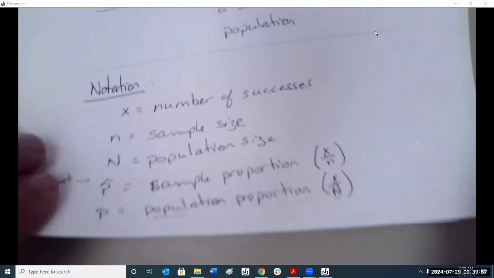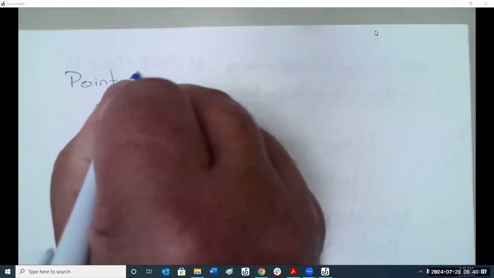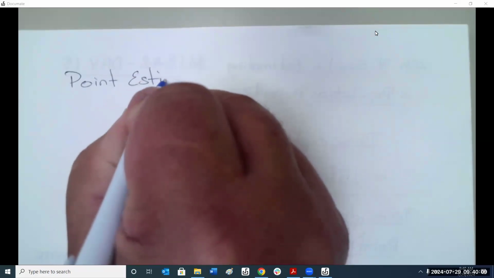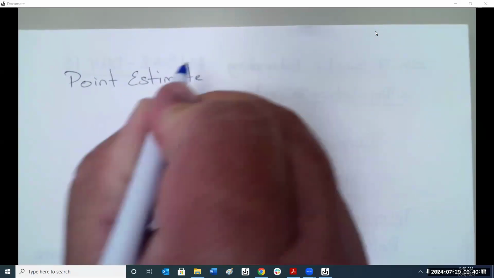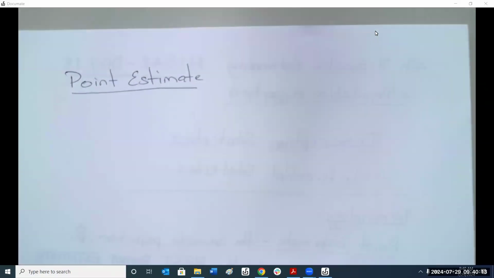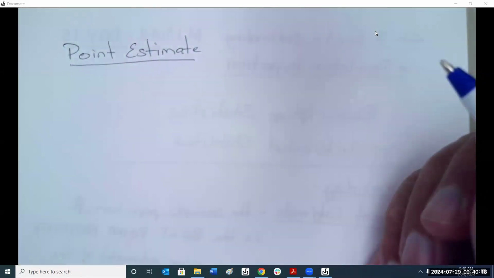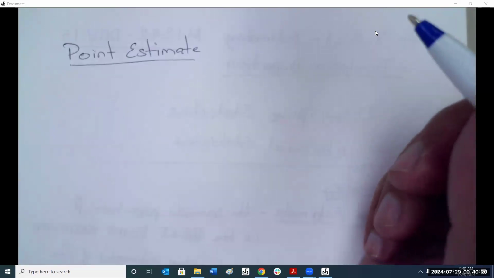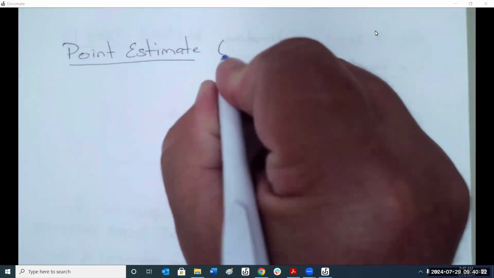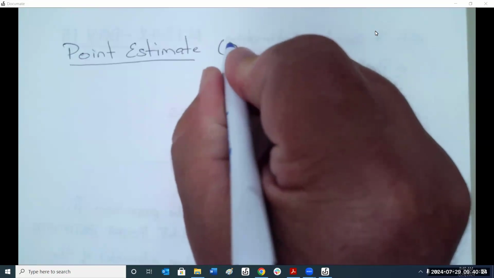All right, so let's start putting these formulas together. The point estimate. Remember, the point estimate is the value that we're going to use to estimate the population.